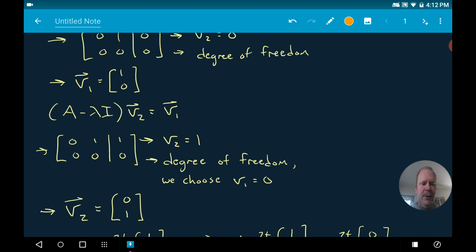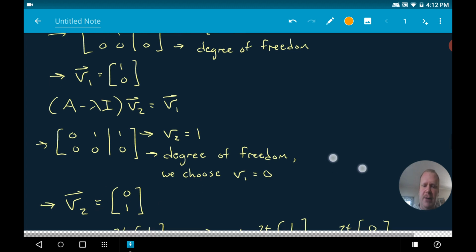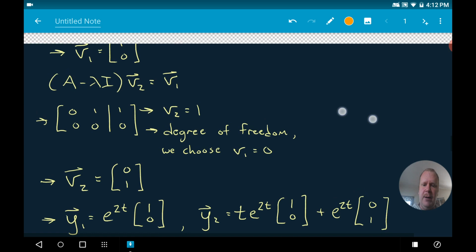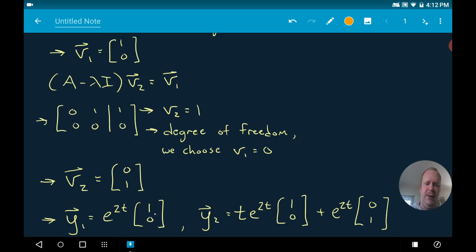If you refer back to the solutions in orange for y1 vector and y2 vector, they're going to look like this: e to the lambda t times v1, that's this one, and t e to the lambda t v1 plus e to the lambda t times v2. So that's just both of these written out.